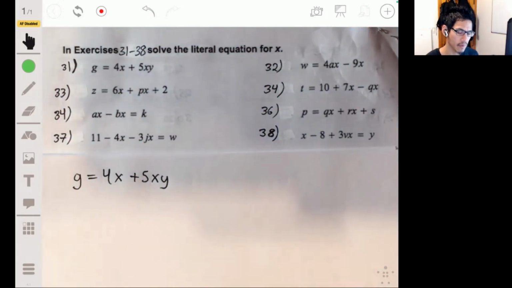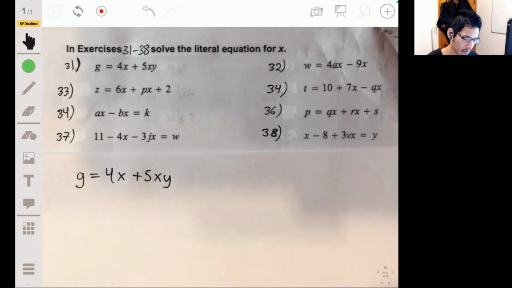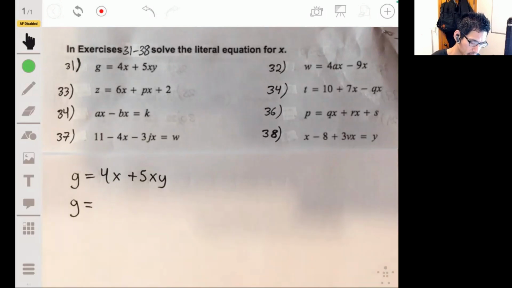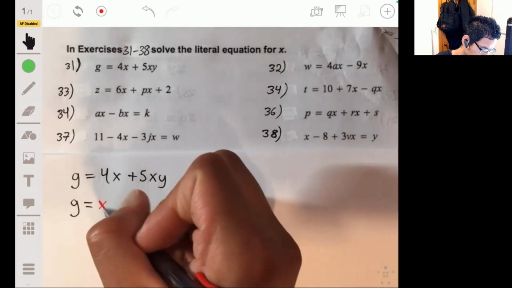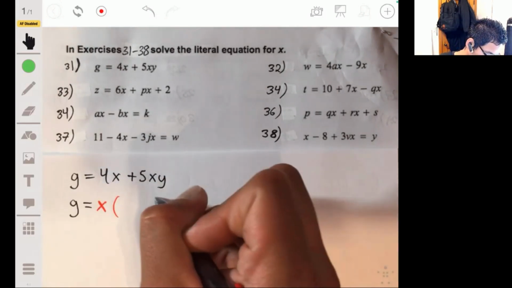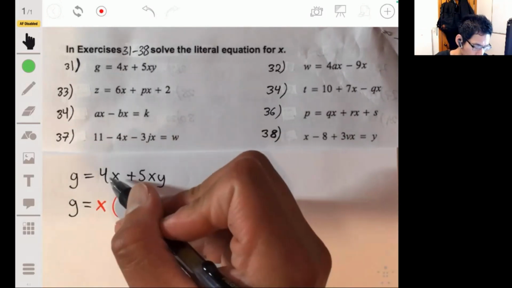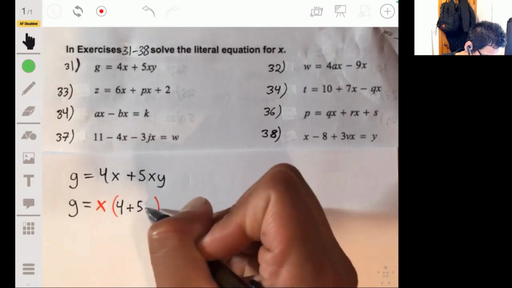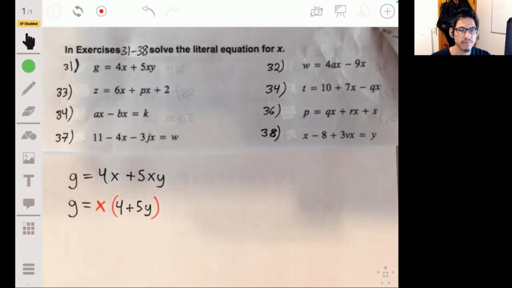Right, this is a really fun equation, because what you got to do here, you got to factor out this x like this. Put the x outside the parentheses. Then you have this 4 plus 5y, like that.